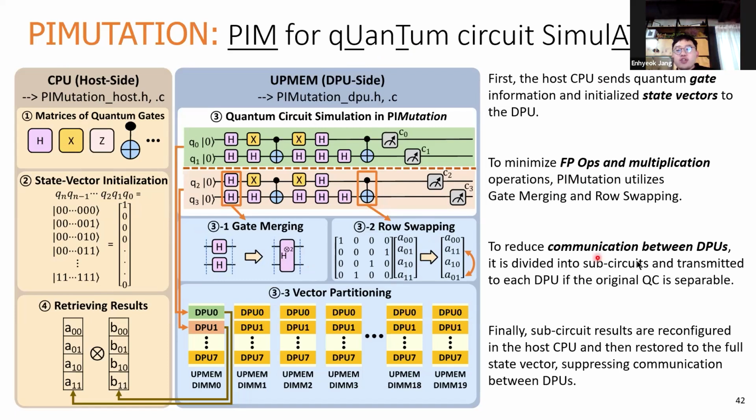To reduce the communication overhead between DPUs, we divide the original quantum circuit into small sub-circuits if it has separable states. Finally, these sub-circuit results are reconfigured in the host CPU, reconstructing the original full state vector and suppressing the communication overhead between DPUs.